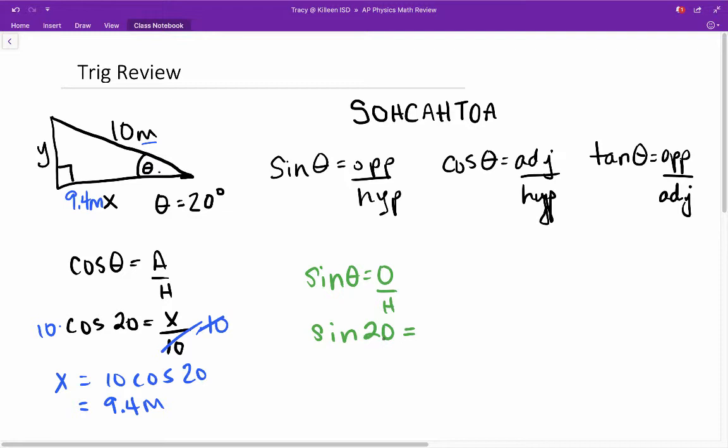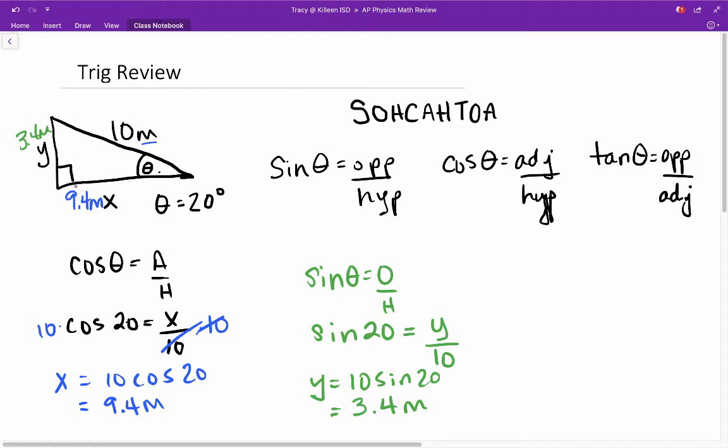So sine of 20 is equal to opposite, which I don't have, but I've called y, over hypotenuse, which is 10. Again, I rearrange this the same way, and y is going to be equal to 10 sine of 20, which when you put in your calculator, you get 3.42 or 3.4 meters.